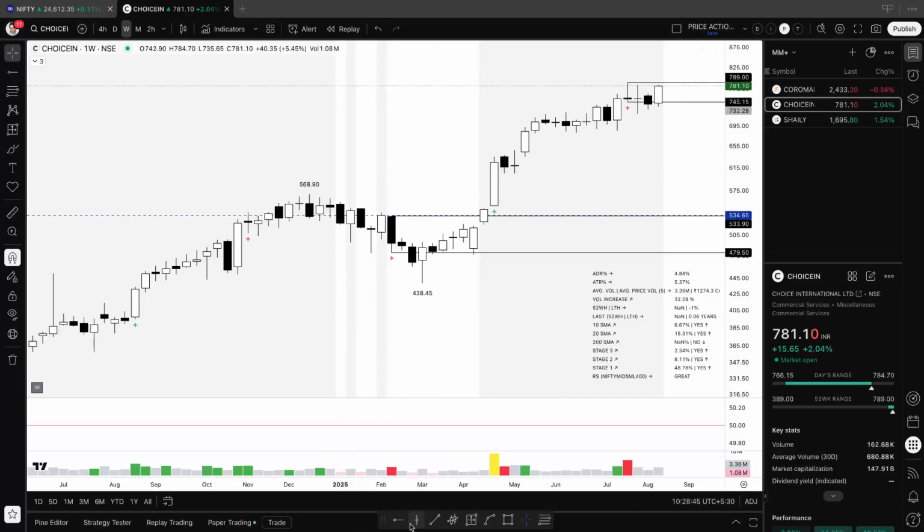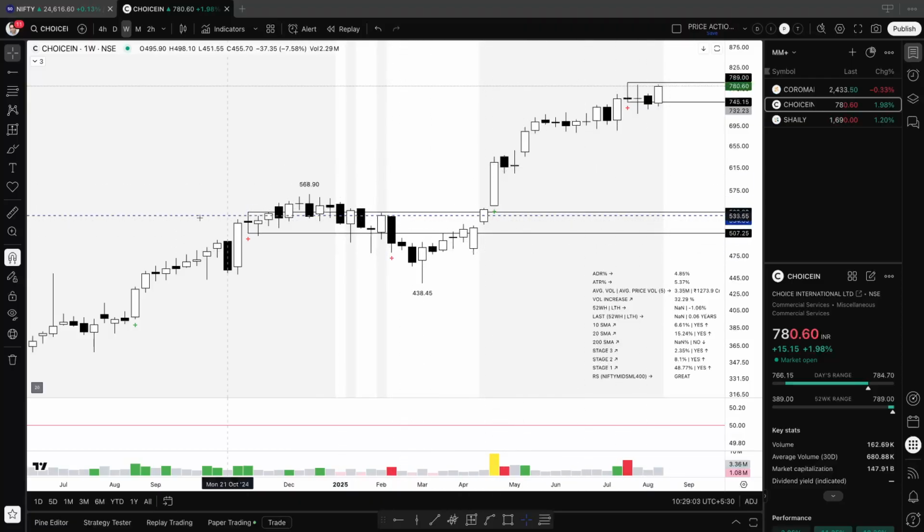I can also show you the past history. There was also a plus sign. If I mark the high and low of this candle, you will understand. Now let me remove these levels and check how this is working.